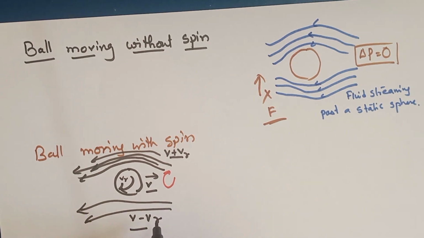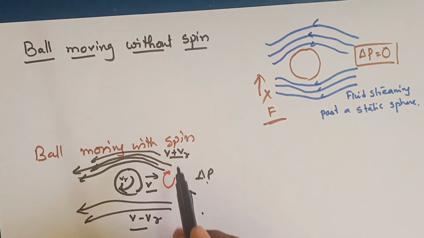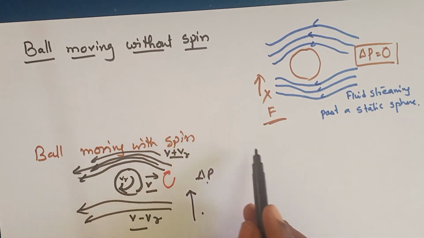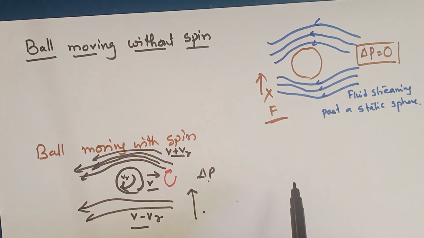So obviously, where more speed occurs, pressure is less, and where speed is less, pressure is more. The ball can be lifted up because of high pressure to low pressure. So there is a delta p, so it lifts up, the ball moves and can go up. In that way the spin occurs.